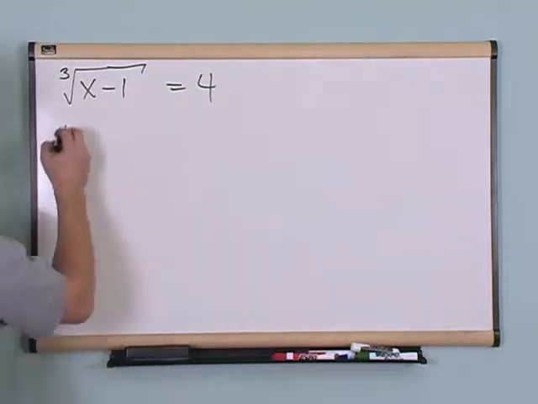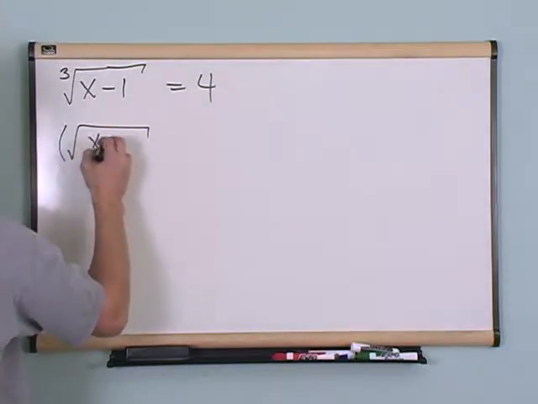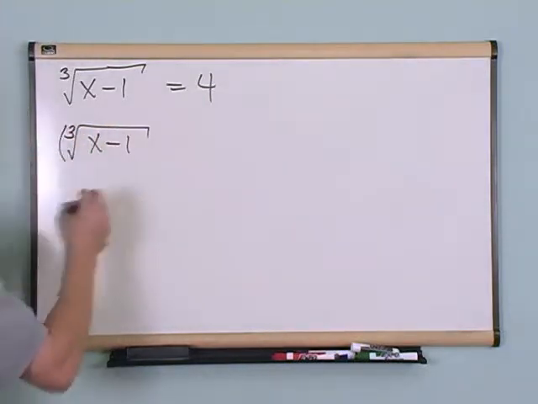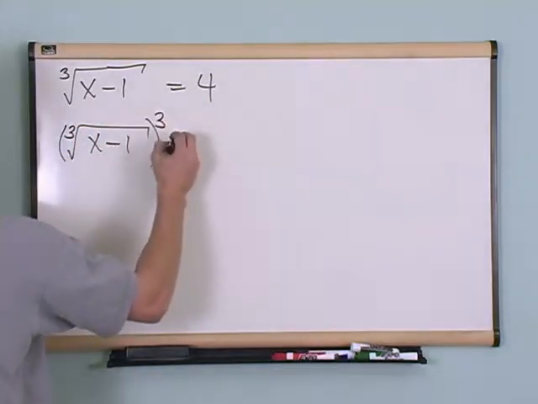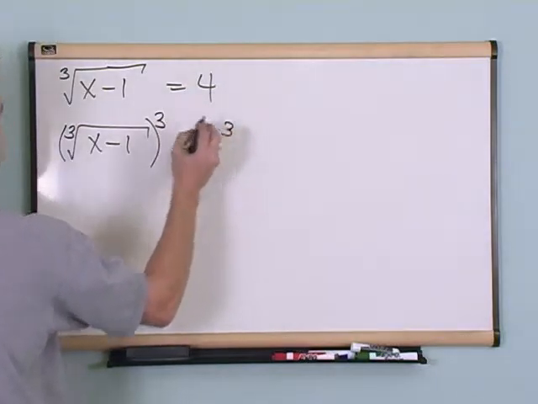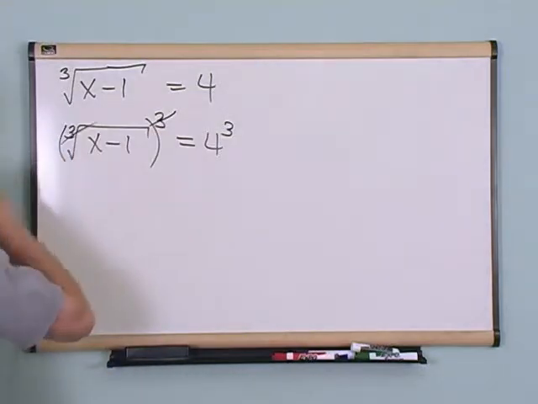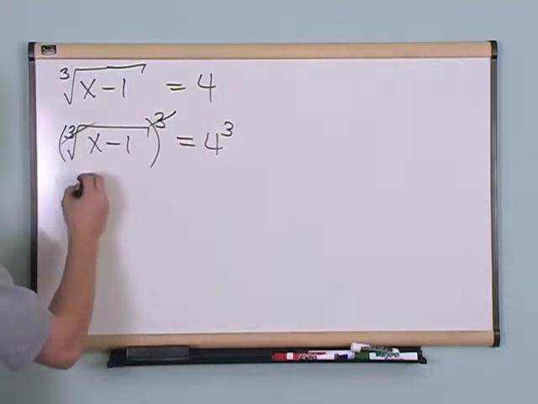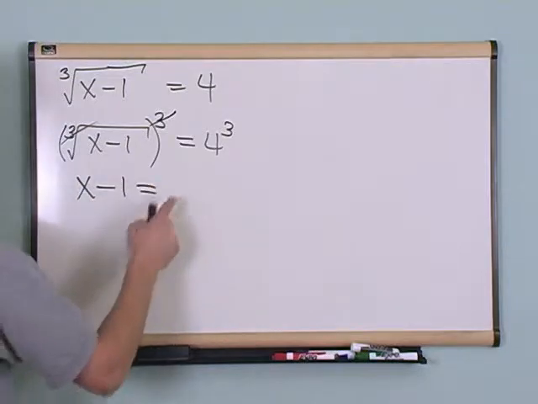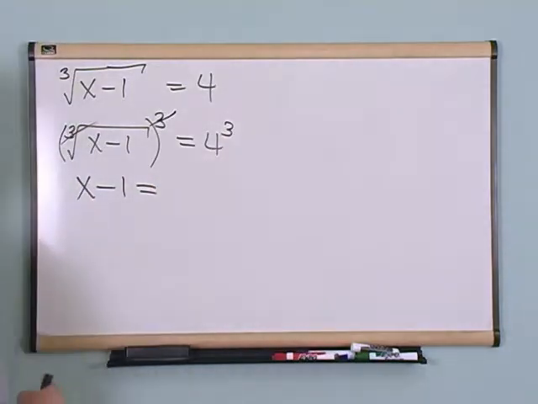So in order to solve this, you've got x minus 1. This is a cube root. All you need to do is raise both sides to the third power. Remember, whatever you do, you have to do it to both sides. The cube is going to go out with the cube root. You're going to be left with x minus 1 equals 4 cubed, okay, which is just going to equal 64.